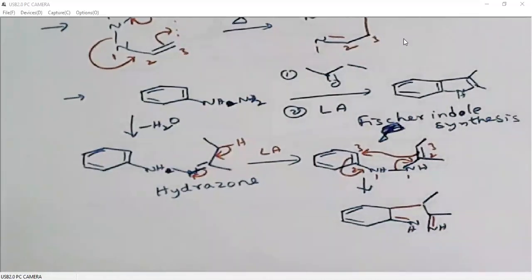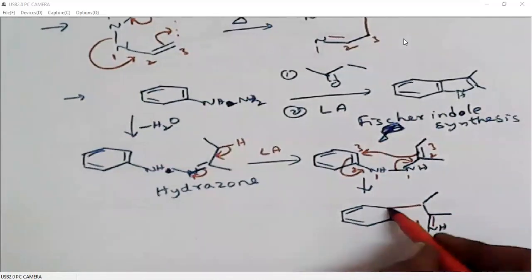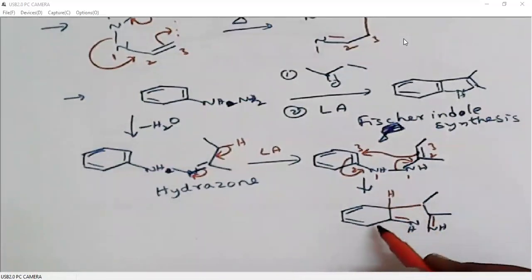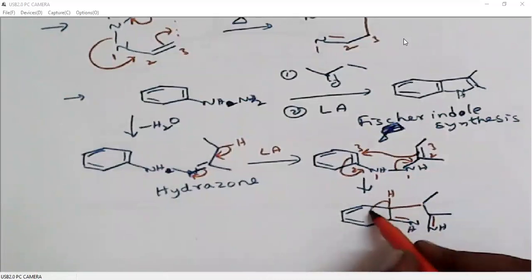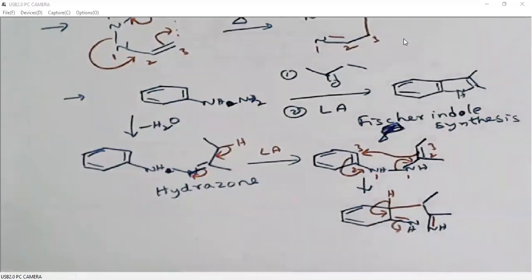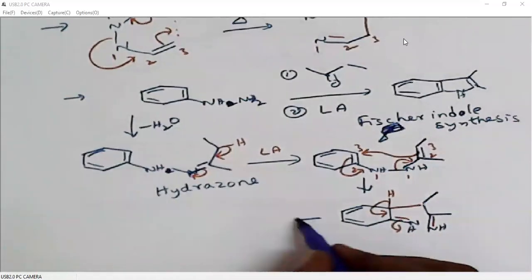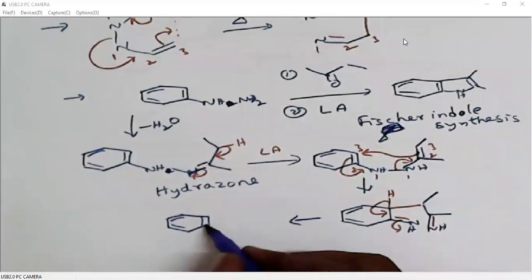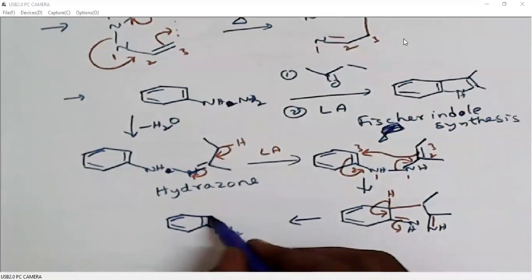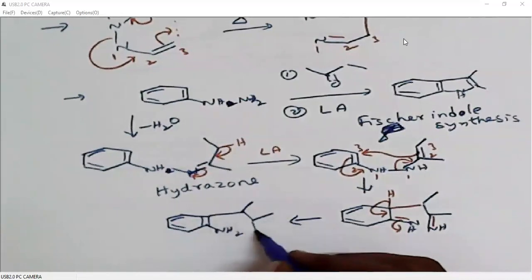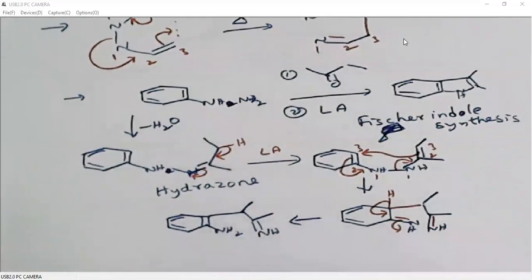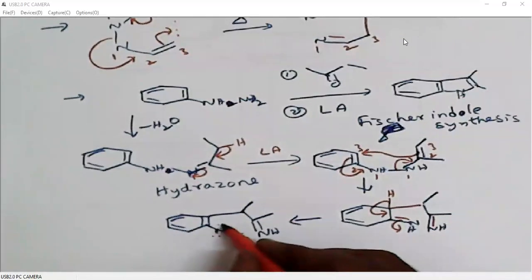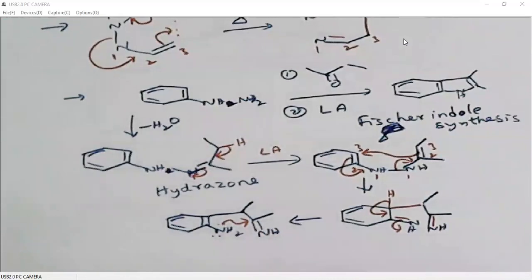Yeah, like this. Now this is part of an aromatic system, so it easily undergoes tautomerization to give the amine NH2. This is an amine. So this amine now will undergo nucleophilic substitution onto the imine carbon. Right?